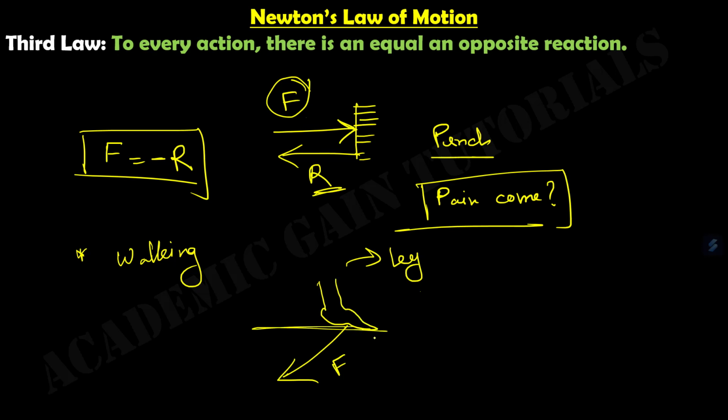This is the ground, and when we walk on the ground, we give some force in that direction, and the force gives us a reacted force in the equal and opposite direction. When this reacted force occurs, it helps us to lift our leg from the ground. In that manner, we walk on the ground, or through our life cycle. So this is an example of Newton's third law of motion.